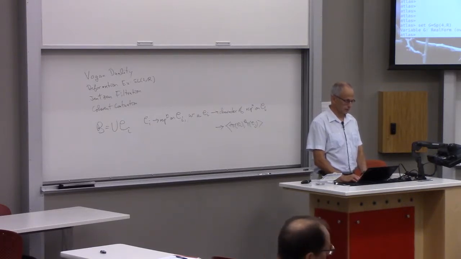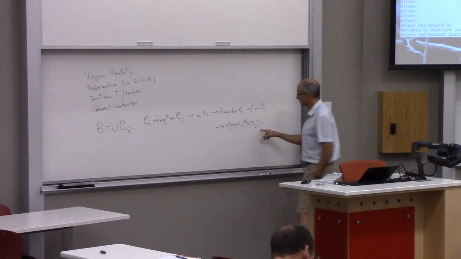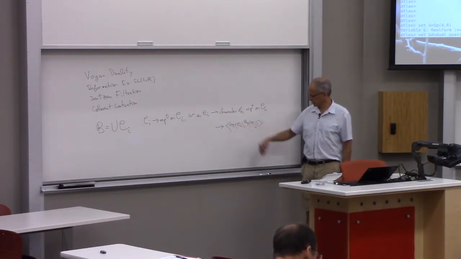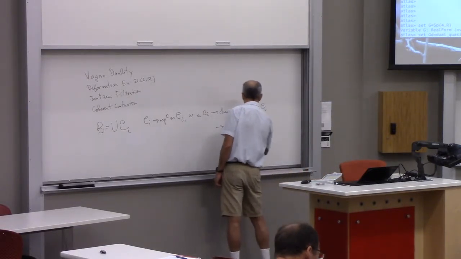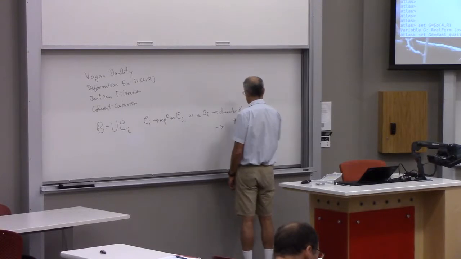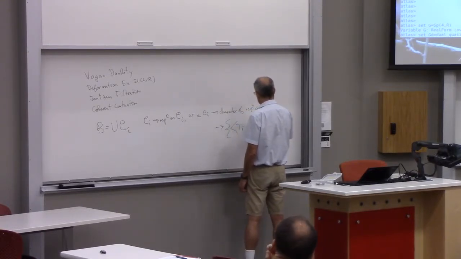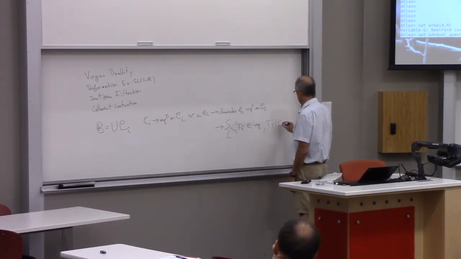Yes? What is the last thing you wrote? This thing? Yeah. So each cell has a representation, and you can take the trace. So you make a matrix of the trace of the C_i rep inner product with the trace of the C_j rep.